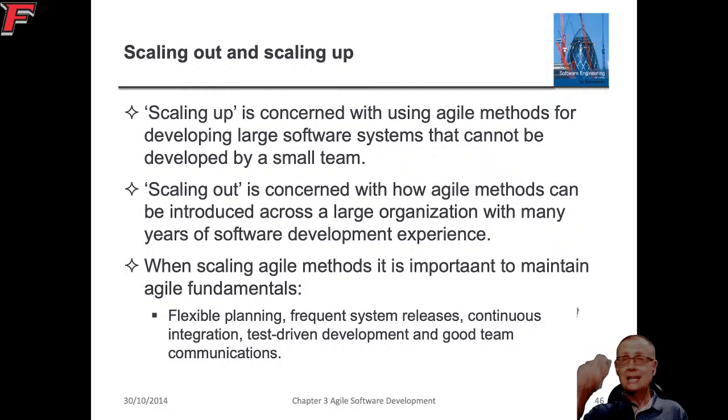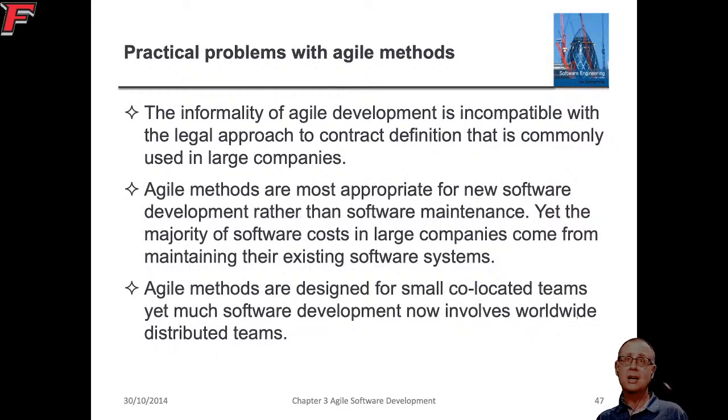There's scaling up, which is concerned with using Agile methods across large software systems, and scaling out, which is how methods can go across the organization, right? And it's important to maintain the fundamentals: flexible planning, frequent releases, continuous integration, test-driven development, and good communication.